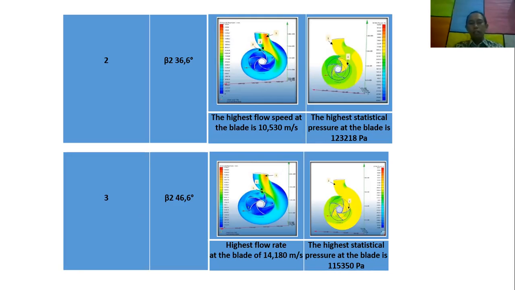And number 3, impeller B angle 46.6, higher flow speed 40.18 meter per second, higher static pressure at the blade is 11,535 Pascal.